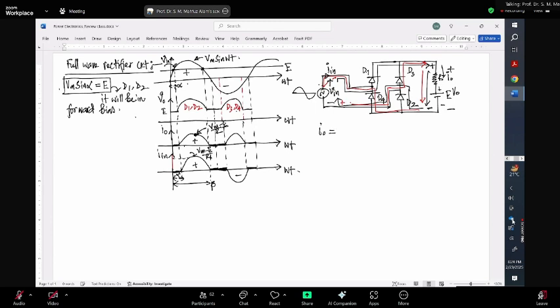My I naught would be Vm sine omega t minus E over R, where the angle is alpha greater than or equal to omega t greater than or equal to beta. Any question regarding this so far? Anyone?